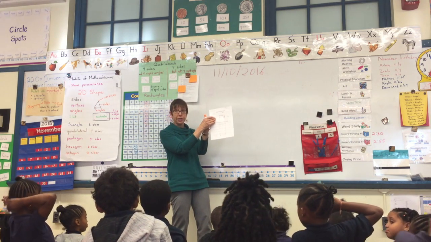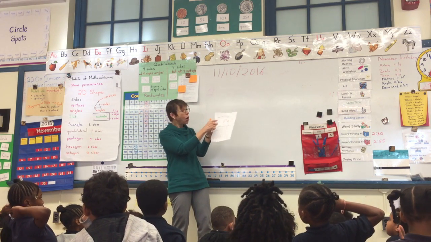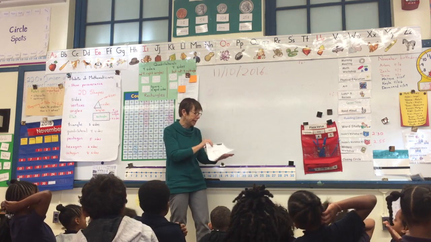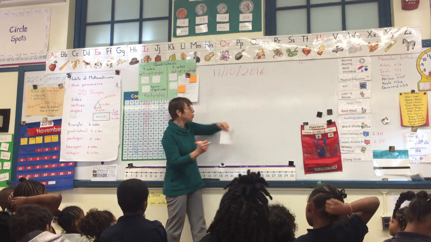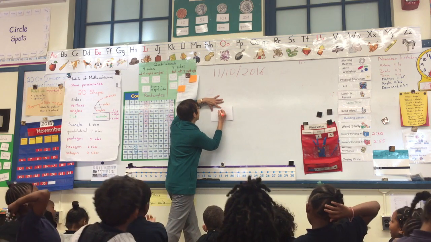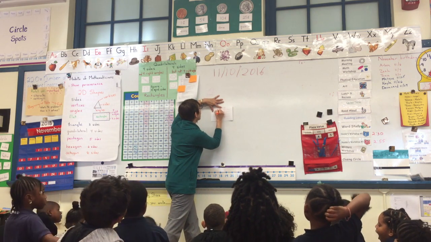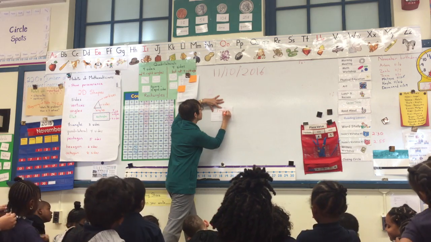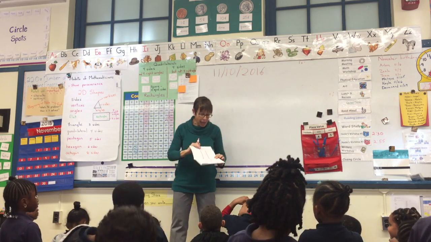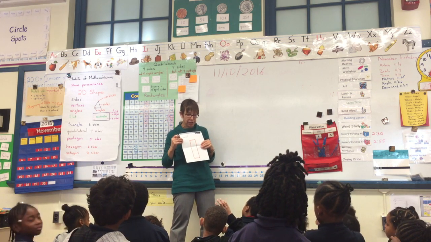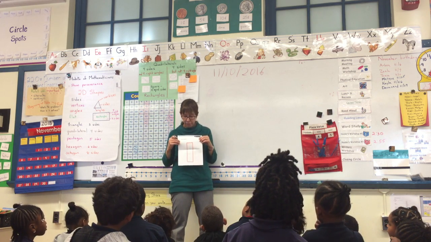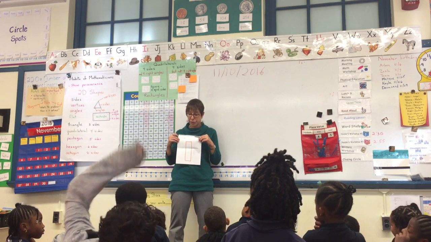The words to help you spell are on the other side. I will also write them on the board. You are going to write 7 rows. How many columns does this rectangle have? How many columns?